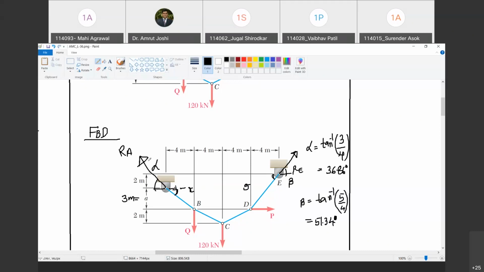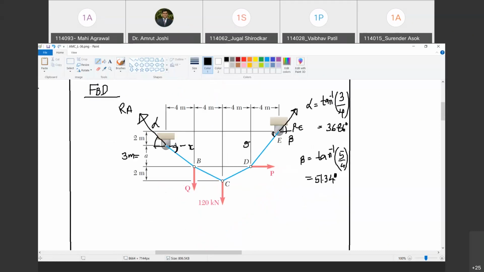Now, what are the unknowns in this problem? How many unknowns are there? चलो बताओ मुझे. So 4. Yes, कौन से है? So I will list down the unknowns: RA, RE. Do you agree with me?